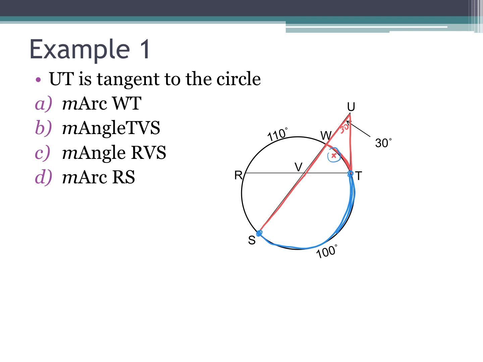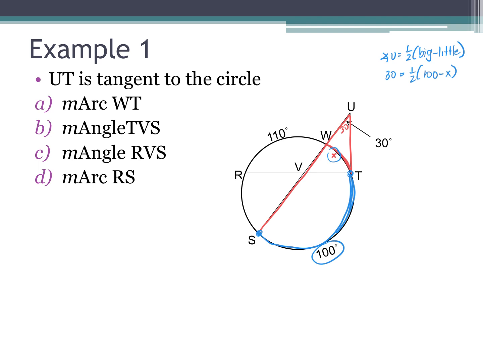and then the smaller arc, X, is what's missing. So basically, I know that angle U is going to equal 1/2 of the big arc minus the little arc. So in this case, angle U is 30 degrees, the big arc is 100 degrees, and the little arc is X. So I just need to solve for X algebraically.